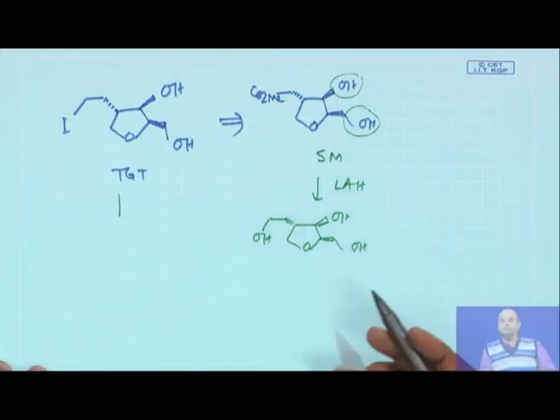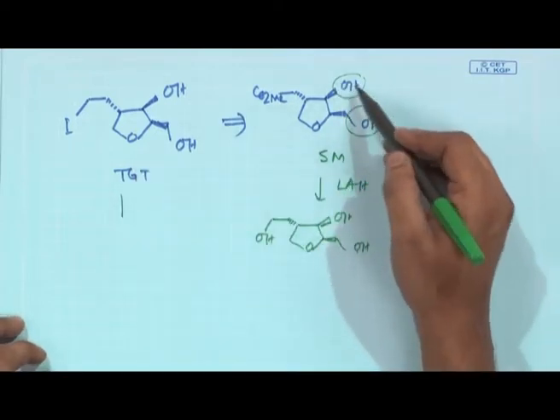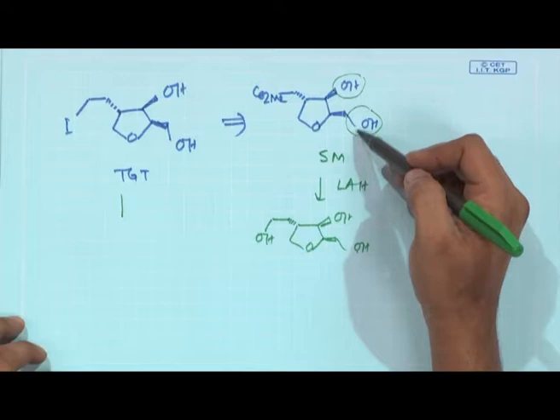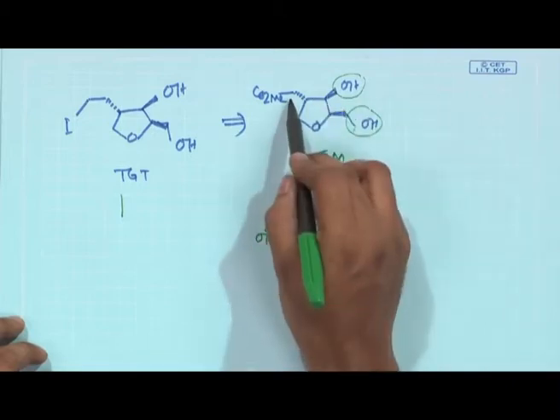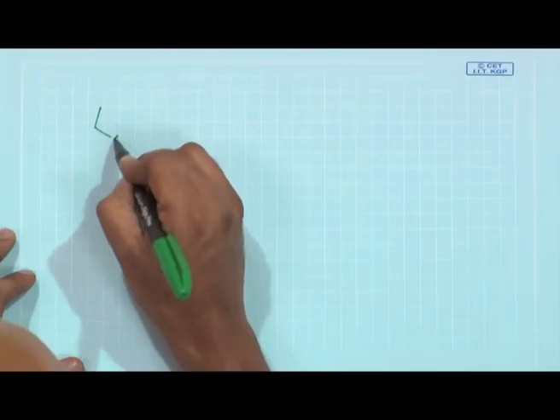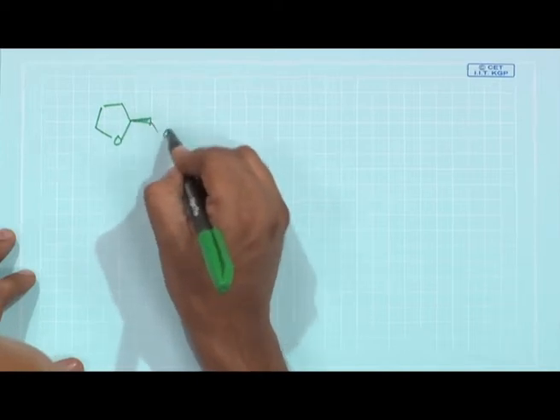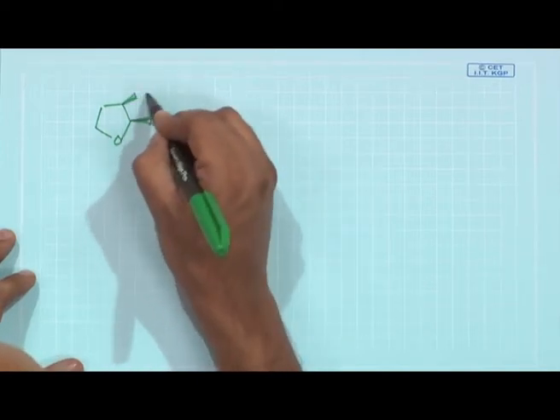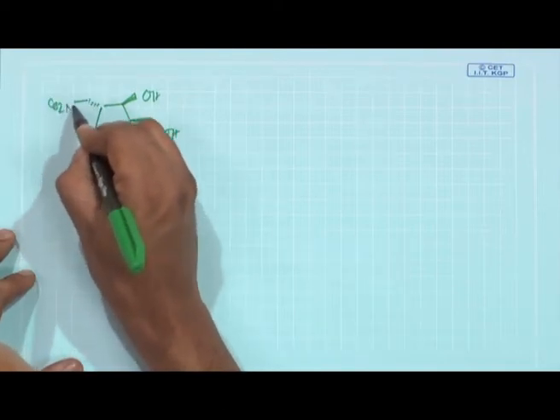The only solution is that in the initial part, you protect this primary and secondary by some selective protecting group and then do the reaction here. So, the solution which I will now provide is based on something like this. You have a primary hydroxy group, you have a secondary hydroxy group, and this part you need to do the reaction.